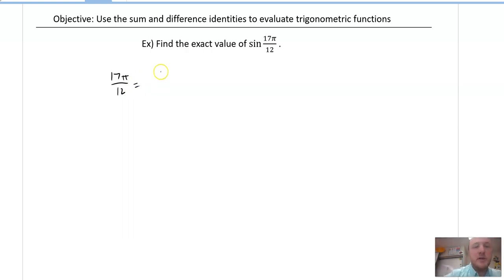So what I'm going to do is use 15 pi over 12 and 2 pi over 12. Why did I use these? Well, these reduce to 5 pi fourths, and if here I reduce by 2, I get pi sixths.